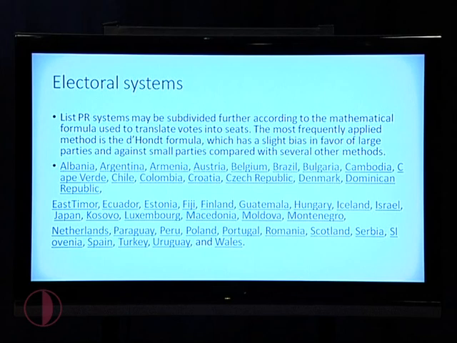Albania, Argentina, Armenia, Austria, Belgium, Brazil, Bulgaria, Cambodia, Cape Verde, Chile, Colombia, Croatia, Czech Republic, Denmark, Dominican Republic, East Timor, Ecuador, Estonia, Fiji, Finland, Guatemala, Hungary, Iceland, Israel, Japan, Kosovo, Luxembourg, Macedonia, Moldova, Montenegro, Netherlands, Paraguay, Peru, Poland, Portugal, Romania, Scotland, Serbia, Slovenia, Spain, Turkey, Uruguay, and Wales.